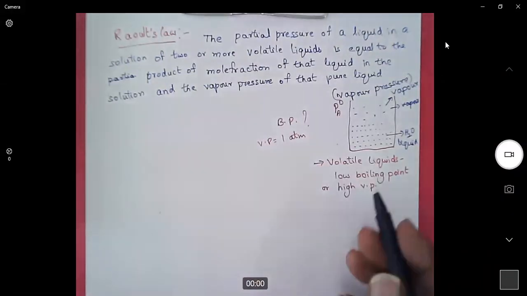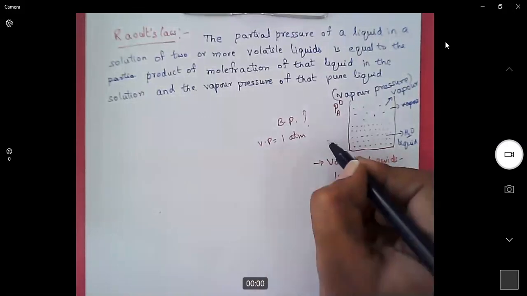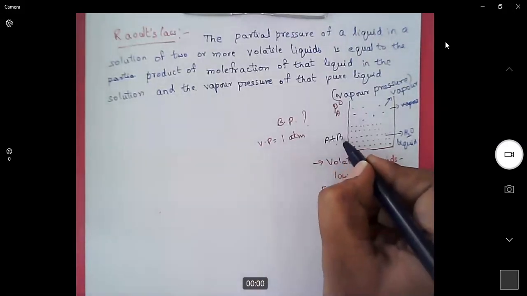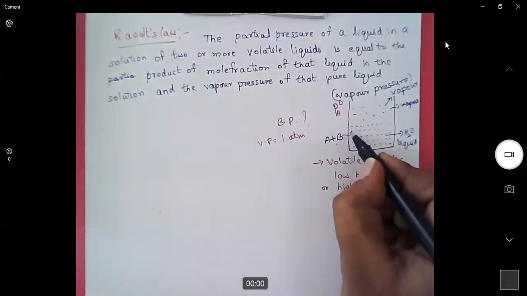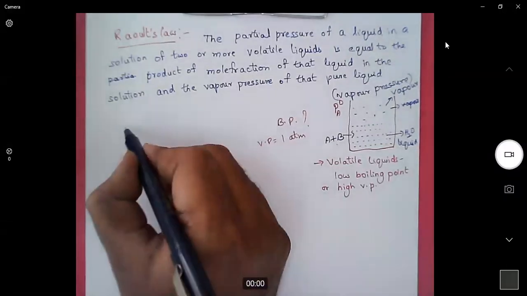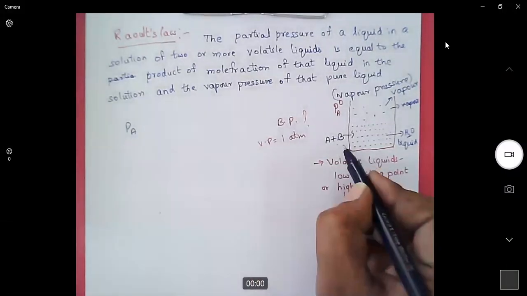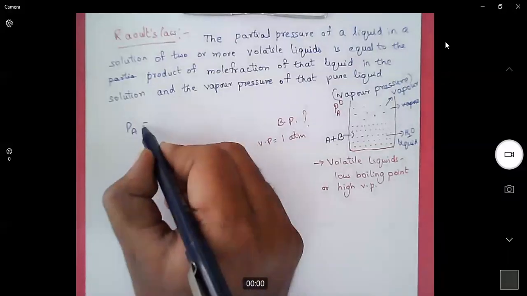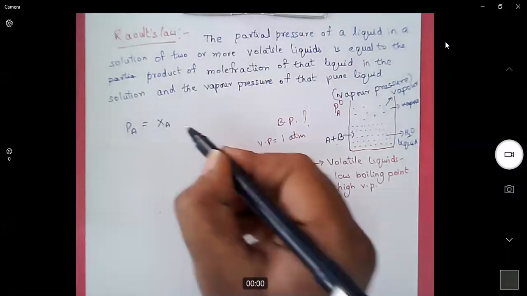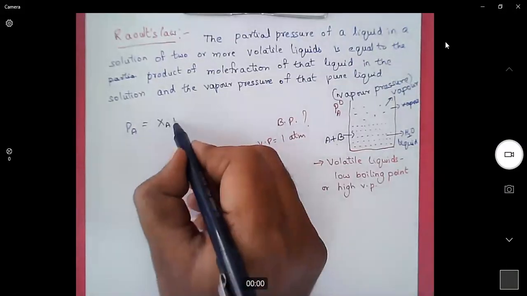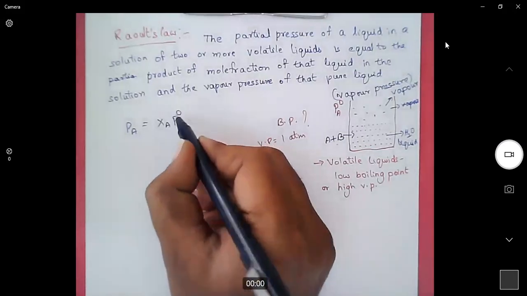For example, if we have a solution of two components A and B, then the partial pressure of A in this solution will be equal to the mole fraction of A in this solution multiplied by its pure vapor pressure.